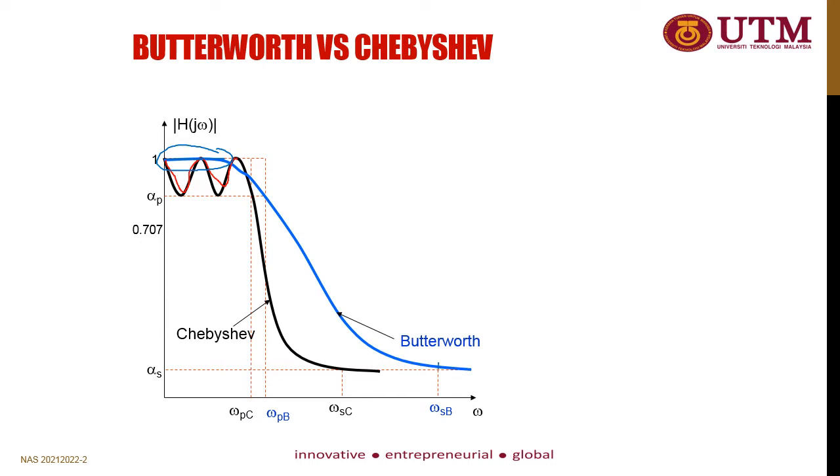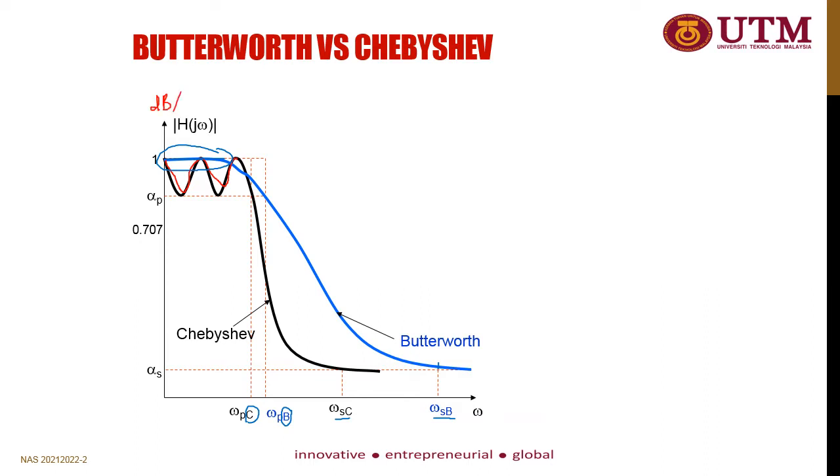Alright, so omega P represents the passband frequency, where C is for Chebyshev while B is for Butterworth. Omega S is the stop band frequency for Chebyshev, and omega SB is the stop band frequency for Butterworth. If you look at the maximum magnitude, in this case it uses linear values, and normally we will be using dB values.